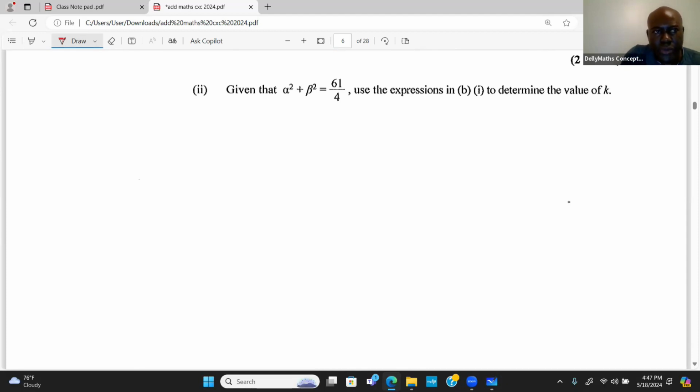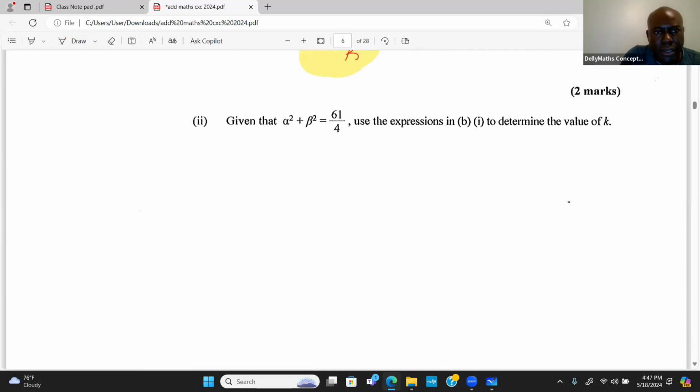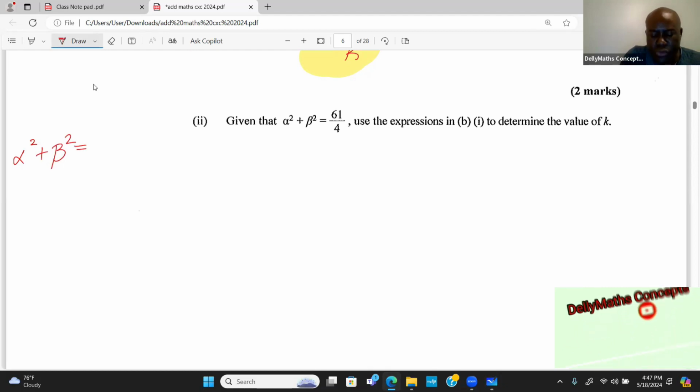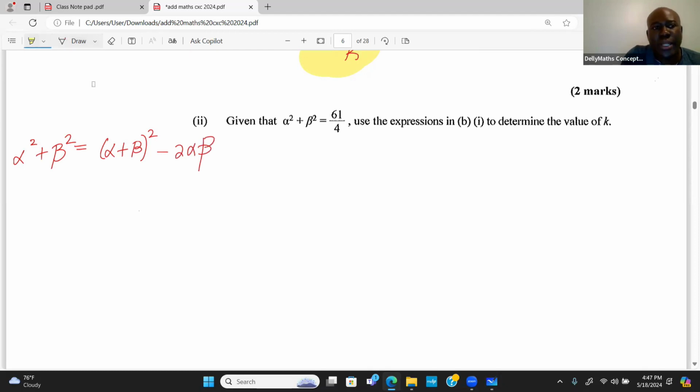So alpha squared plus beta squared can be represented as the sum, alpha plus beta, all squared, minus 2 times the product, alpha beta. This is an identity that we can use.